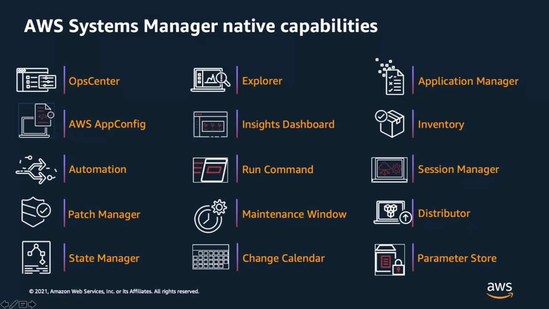AWS SSM also provides Run Command, where it allows us to initiate scripts within our actual instances, where we can automate the process of managing our instances. We'll look into Inventory, which will allow us to collect the information that is currently installed on our EC2 instances to provide compliance information, so we can manage what is being installed in our instances.